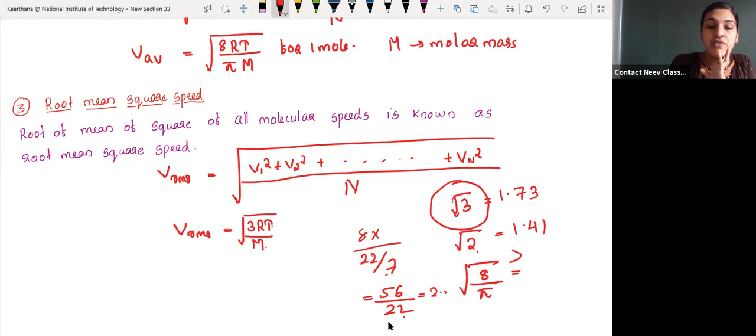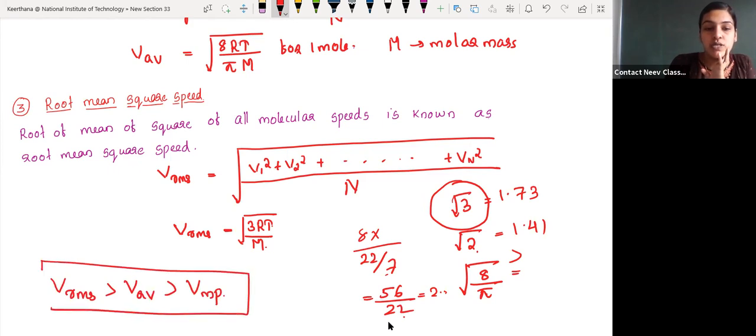So the order of speed is Vrms is greater than V average is greater than VMP.